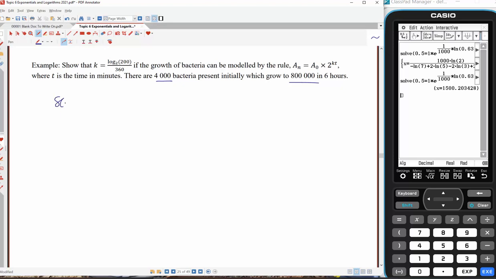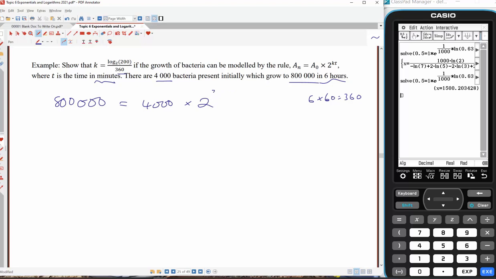So let's use those values. 800,000 equals 4,000 times 2 to the kt. T is time in minutes, and we've got 6 hours. So 6 times 60 is 360, which is where that number comes from, obviously.